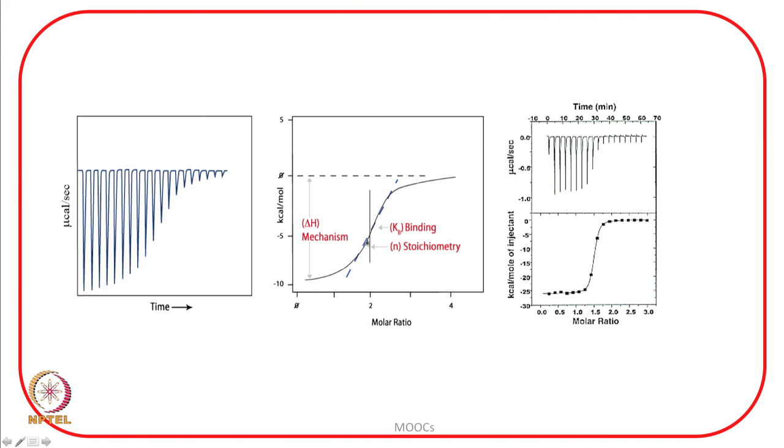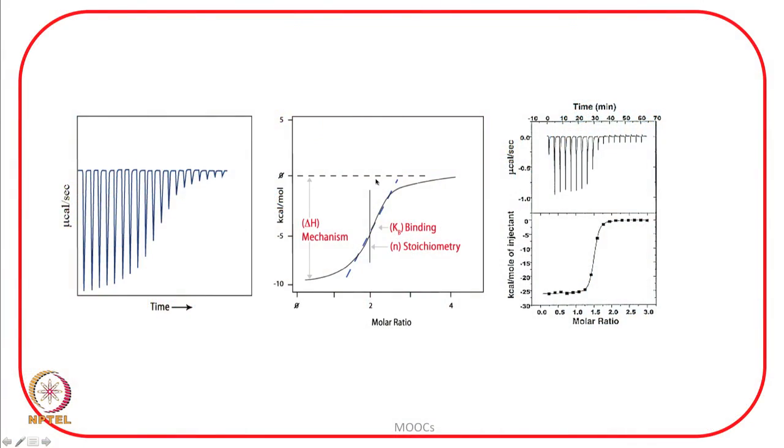As I will explain in detail later on, the slope is associated with the value of the binding constant, and how this binding constant is extracted, that also I will explain in the next lecture. And we can get the stoichiometry of a reaction. You see, the stoichiometry here is shown in the same way as we discussed during the acid base titration. The stoichiometry is how many moles of ligand are enough to saturate the protein.